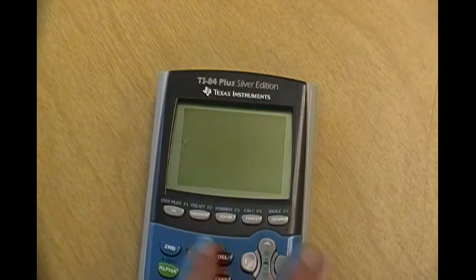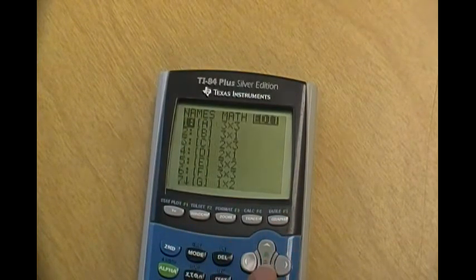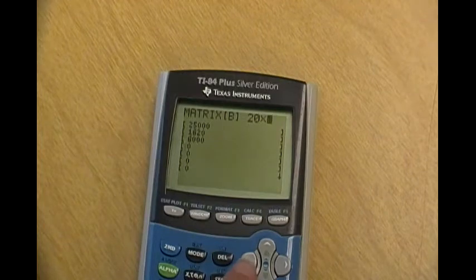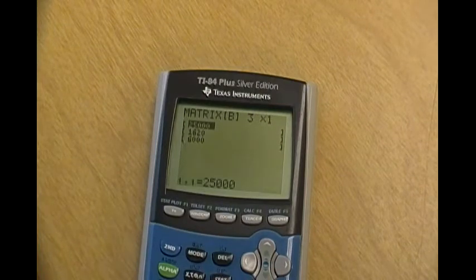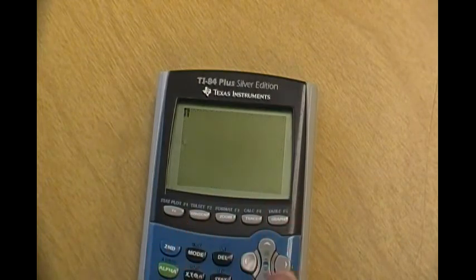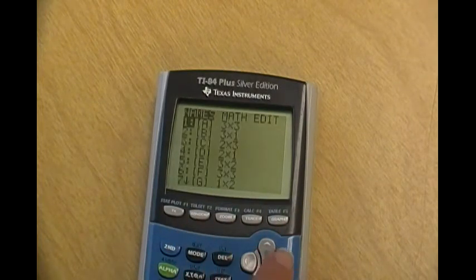So I'll get out of that screen, and then I'll edit my 3 by 1 matrix. I want to make that a 3 by 1 matrix. Okay, so here we go. First element, 200, 589.5, and negative 20.